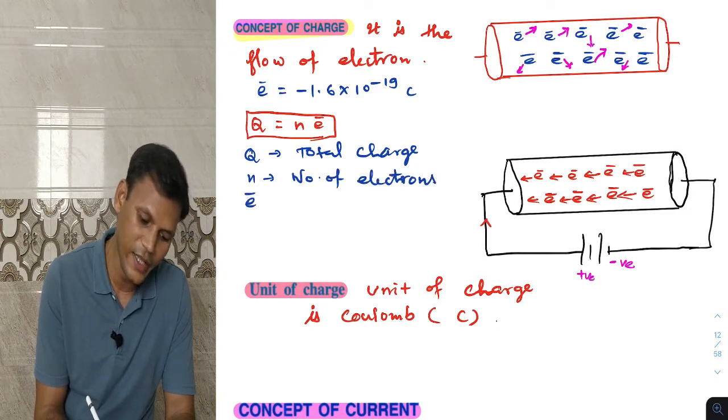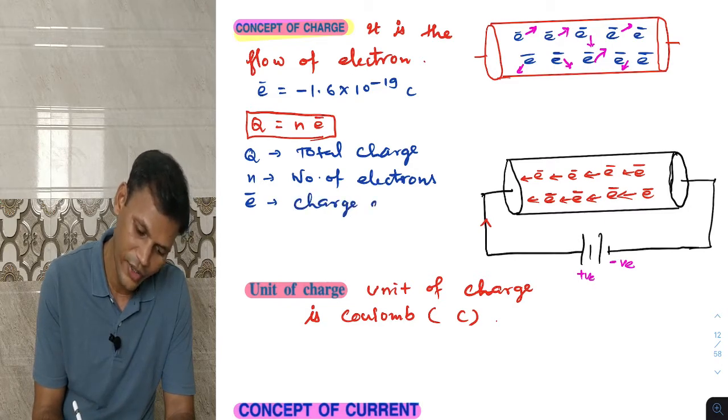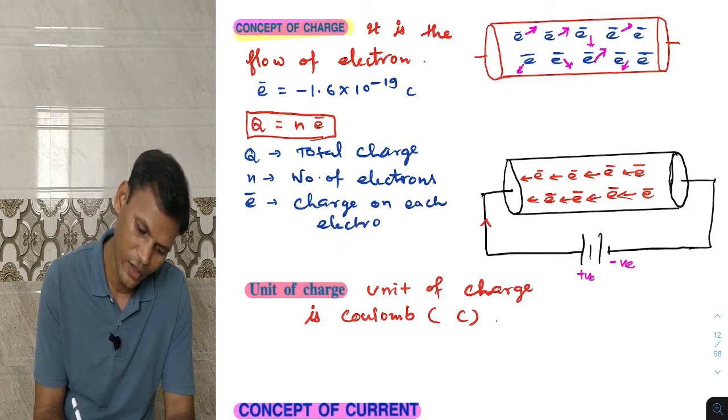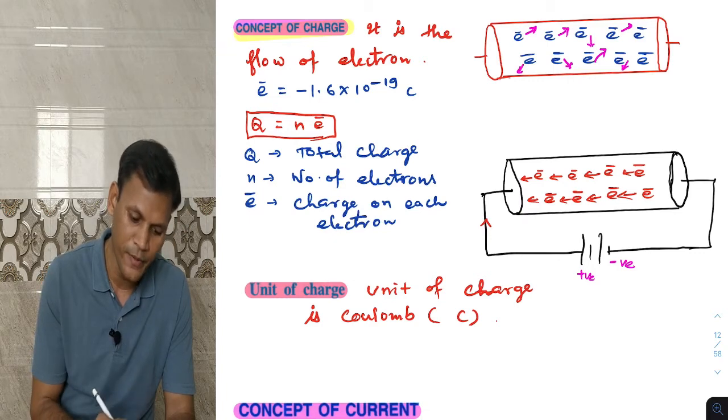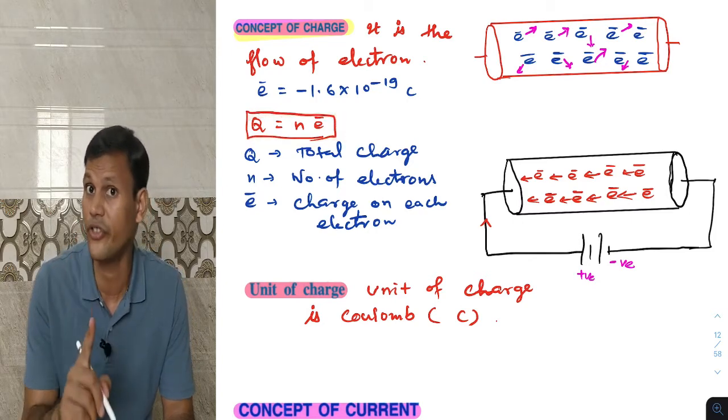And e is the charge on each electron. So the total charge becomes the number of electrons into the charge on each electron.